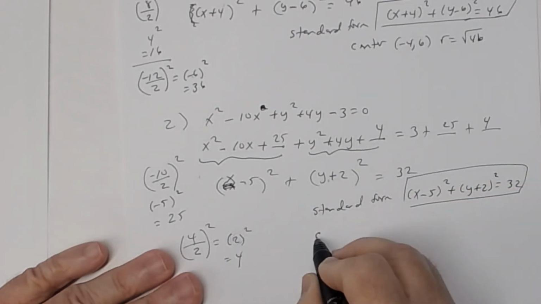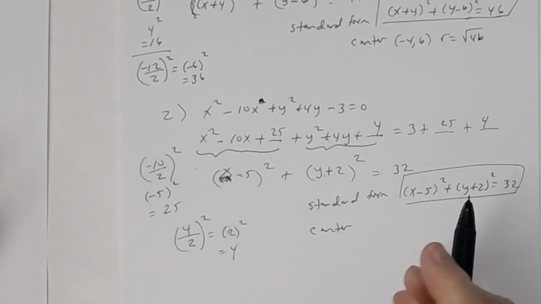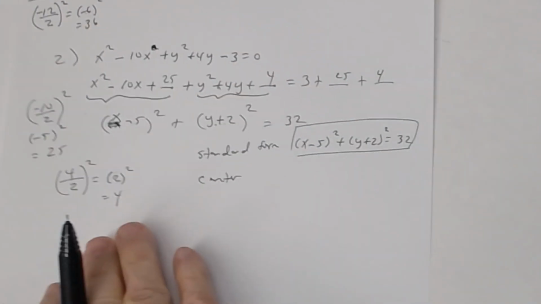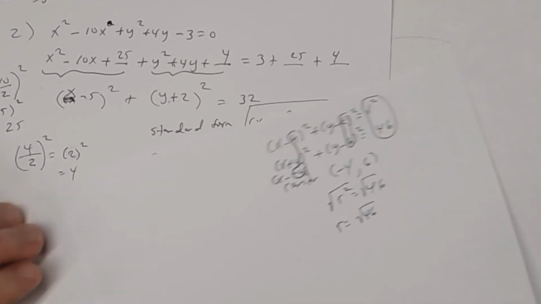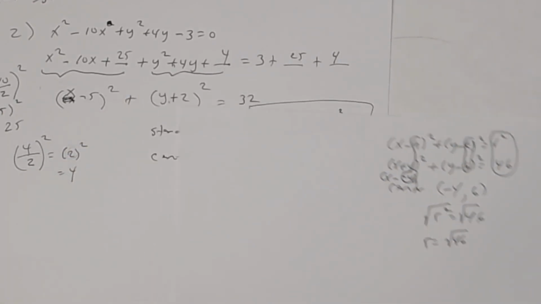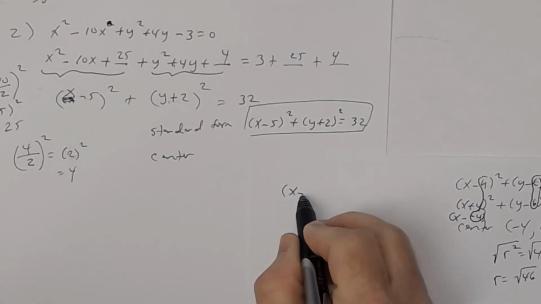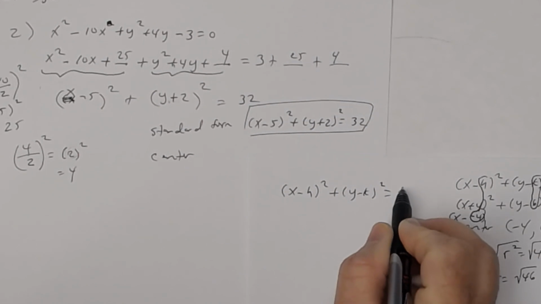All right, now you've got to find the center and the radius. So the center, just like we did in the previous problem, you need to be careful with determining the center. It may be a good idea to do it just like we did this. So remember the standard form is x minus h squared plus y minus k squared equals r squared.